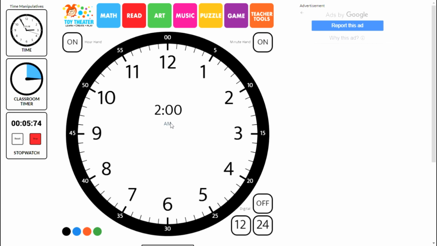This 2 a.m., the sky is still dark. The sky is still pretty dark outside. But it is considered as 2 a.m. because it is 12 hours before the noon, or this is the starting of a new day.